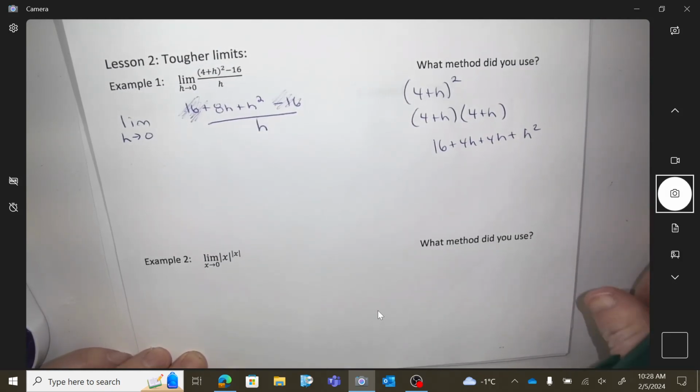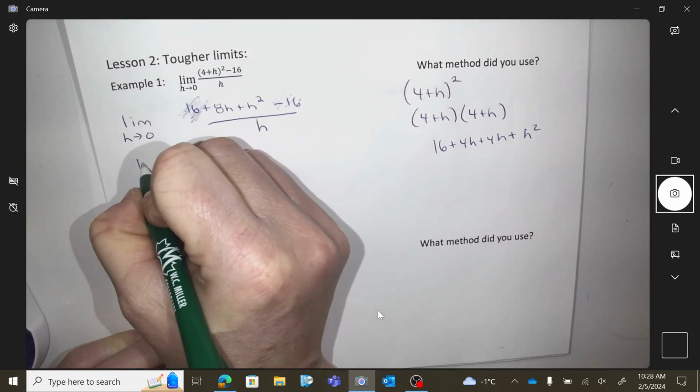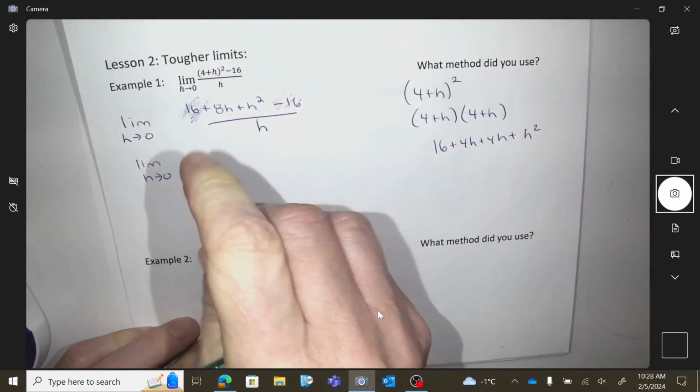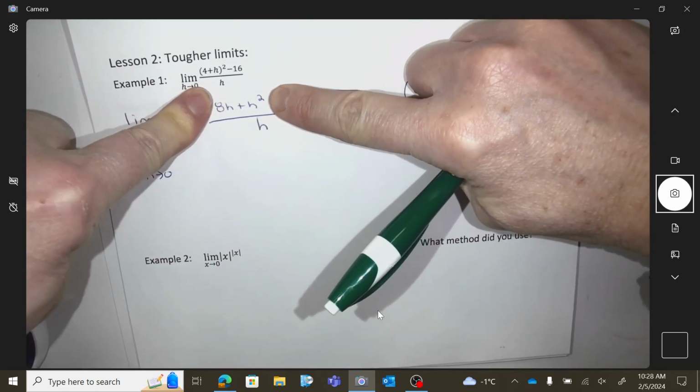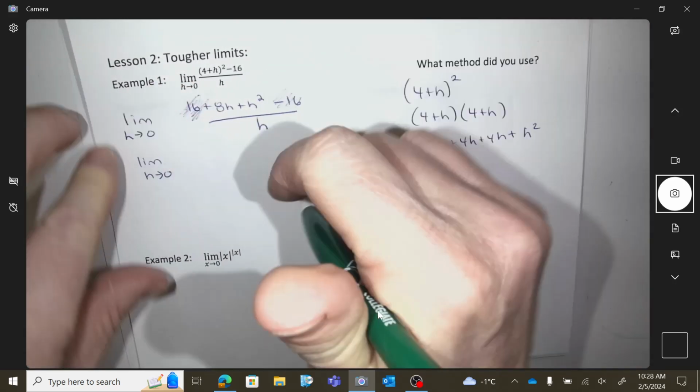Now there's some algebra I could do on the top. What do you recognize? GCF. So without that, I could take an h out of those two things.